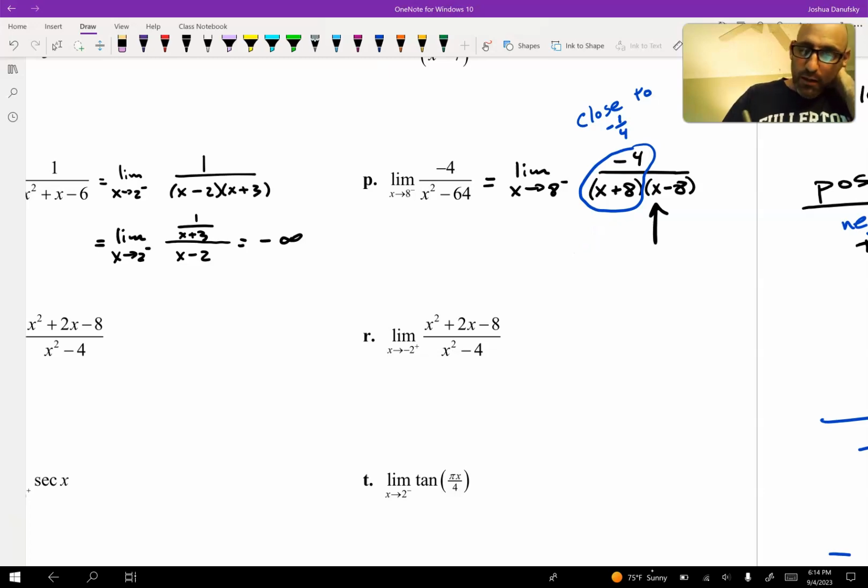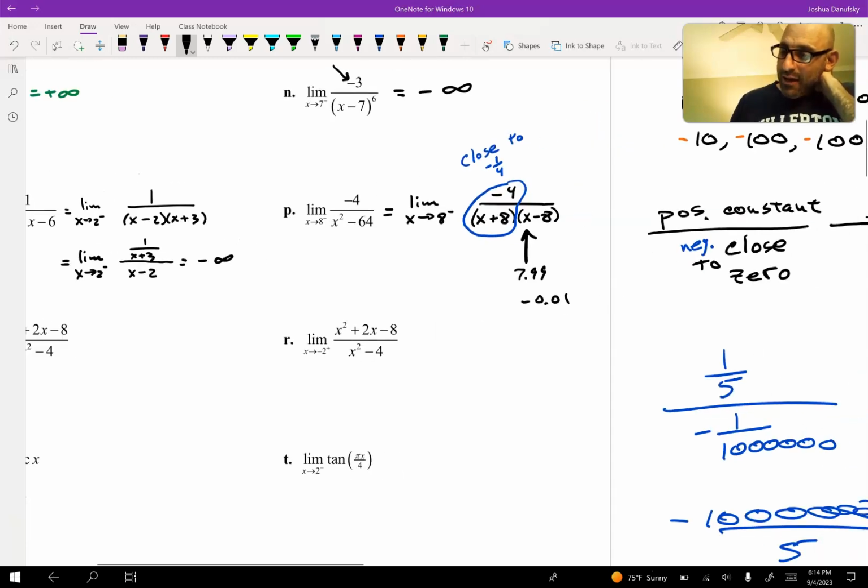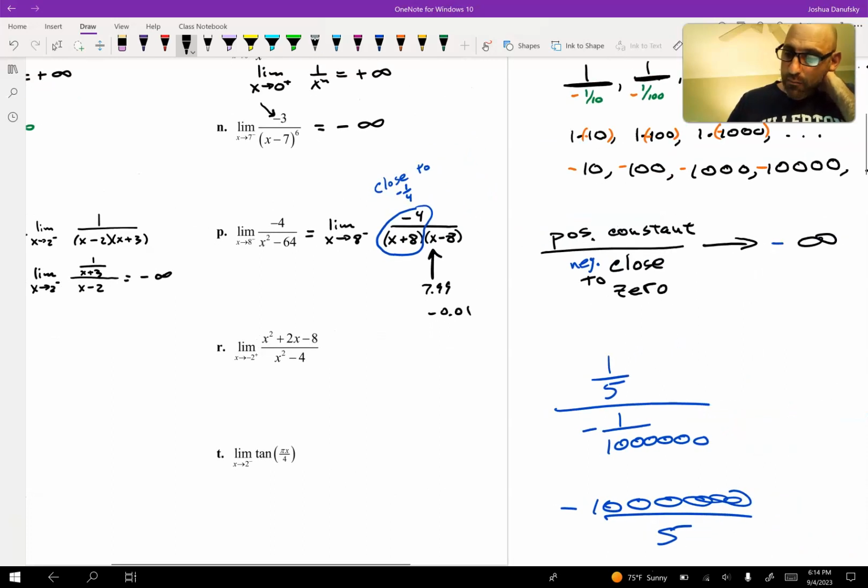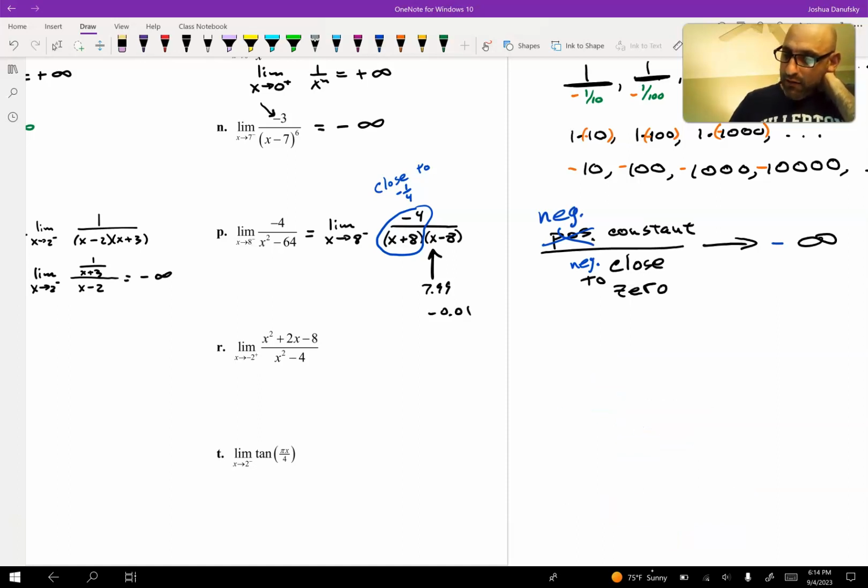If we're plugging in numbers a little bit less than 8, like 7.99, when we subtract 8, we're going to get a negative 0.01. And so now we have negative constant on top. And then on the bottom, we have negative close to 0.